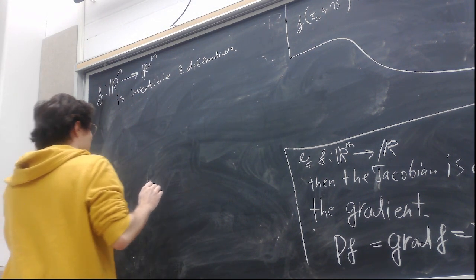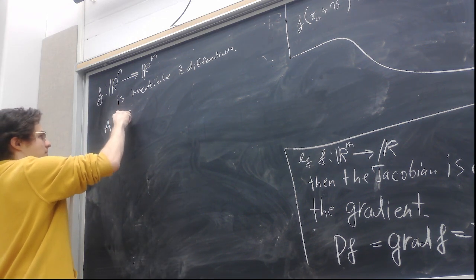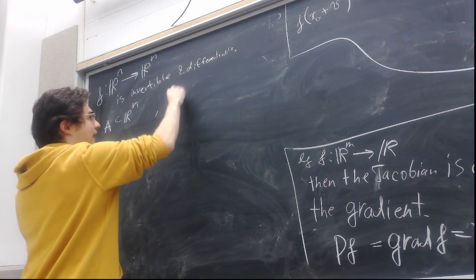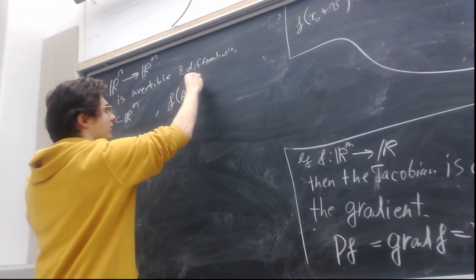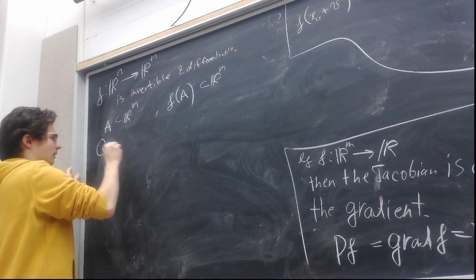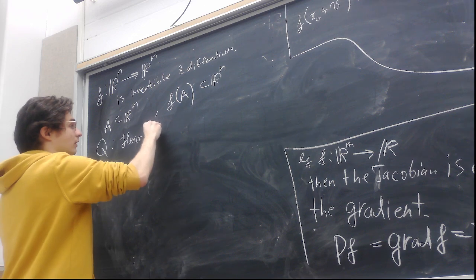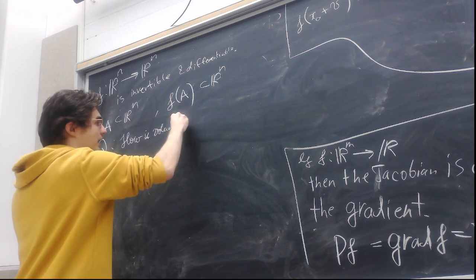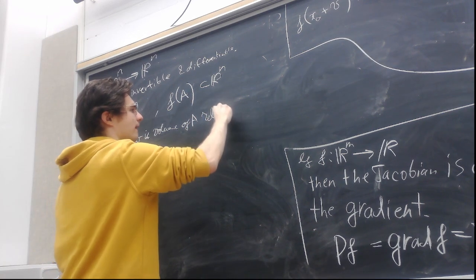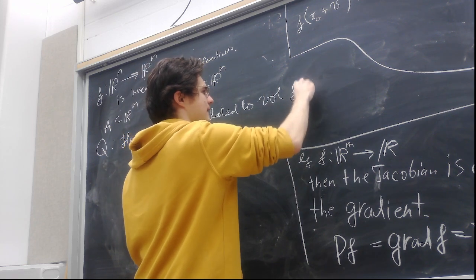So suppose I have a set A in Rn, and then I have a set f of A also in Rn. So the question is, how is the volume of A related to the volume of f of A?